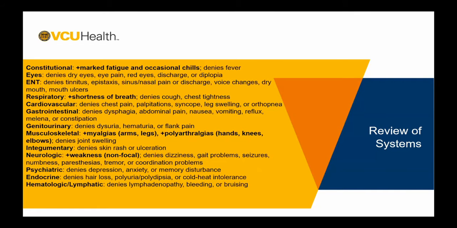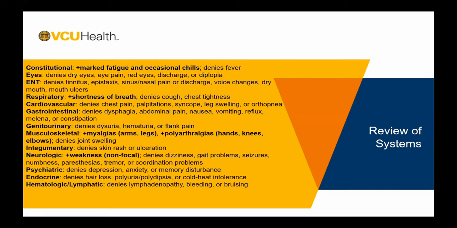Her review of systems, constitutional: she had marked fatigue and occasional chills, but no fever. Her eyes, ears, nose, and throat review was negative, including any dry eyes or oral ulcerations. Respiratory: she had her shortness of breath, however, no cough or chest tightness. Her cardiovascular, gastrointestinal, and genitourinary review of systems were negative.